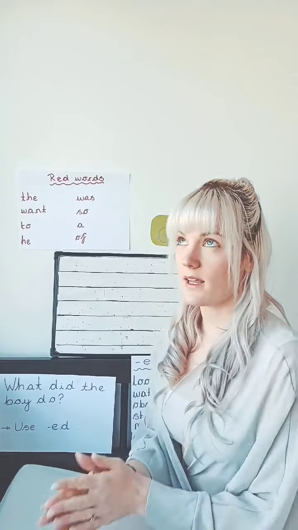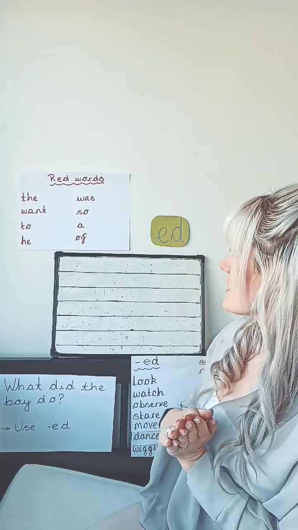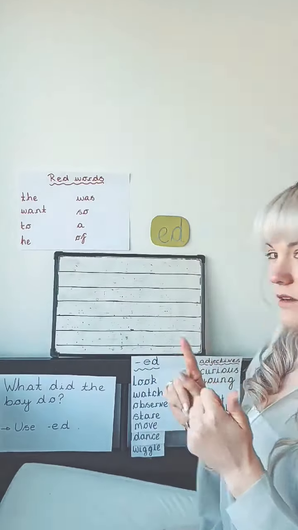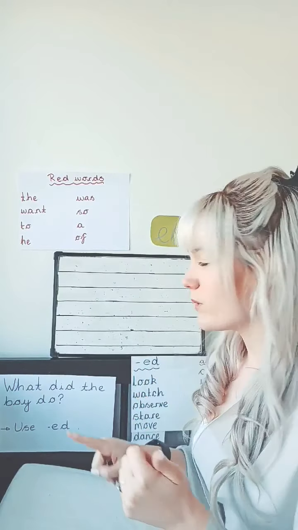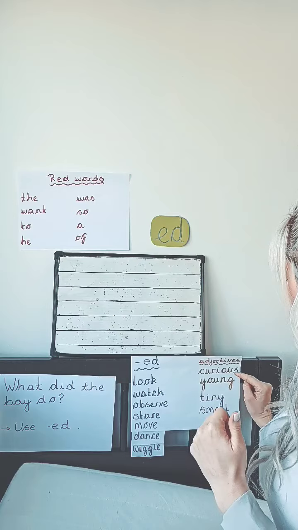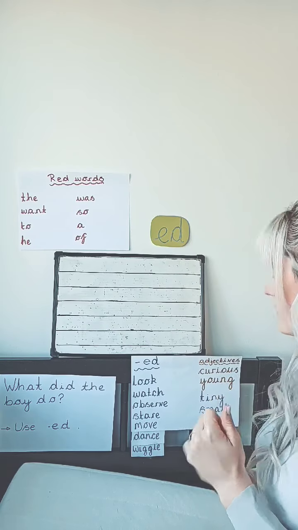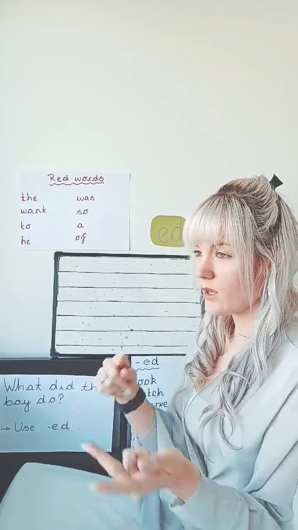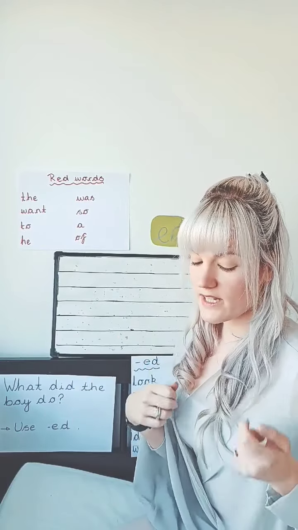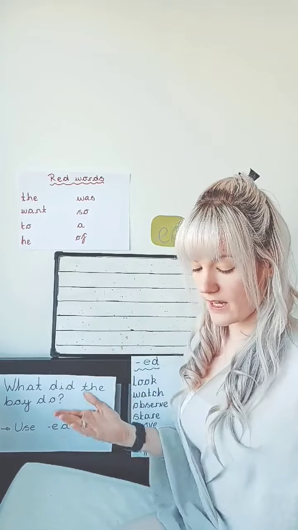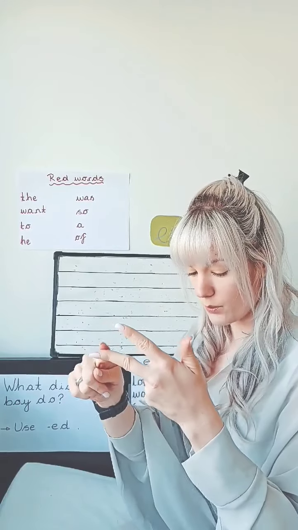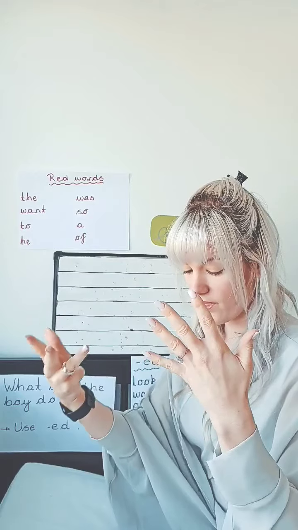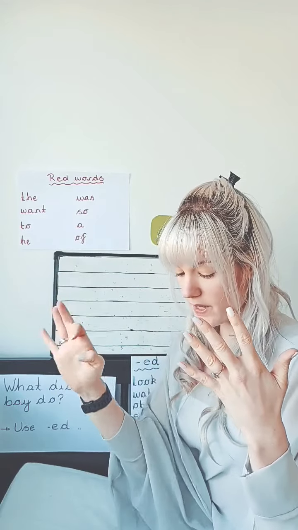So I think my first sentence is going to be, I know that I want to talk about the boy, so I could use one of these. I think I'm going to use young. So the young boy wanted to find lots of things at the beach. The young boy wanted to find lots of things at the beach.